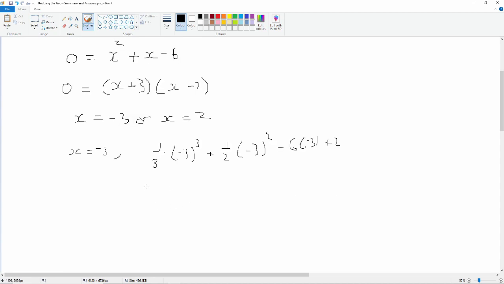Okay, so that is equal to 1/3 times negative 3 cubed, which is negative 27 over 3, plus negative 3 squared is 9, so that's 9 over 2, minus 6 times negative 3, so that's minus negative 18, which is the same as plus 18.